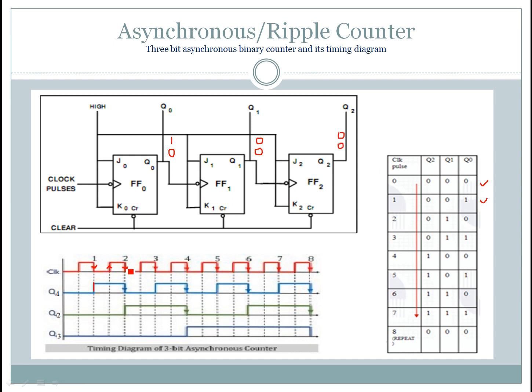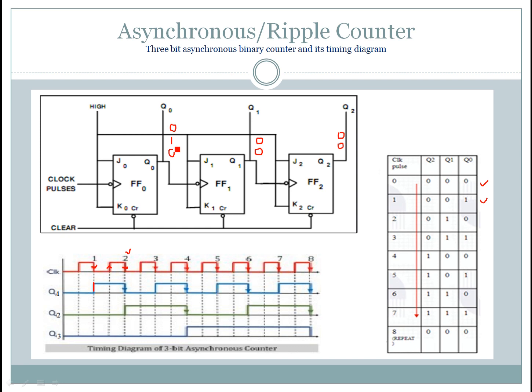Let's see the next negative edge of the clock. The next negative edge of the clock is here. So the negative edge of the clock means again FF0 changes its state from 1 to 0 now. That means it toggles the output. Right?